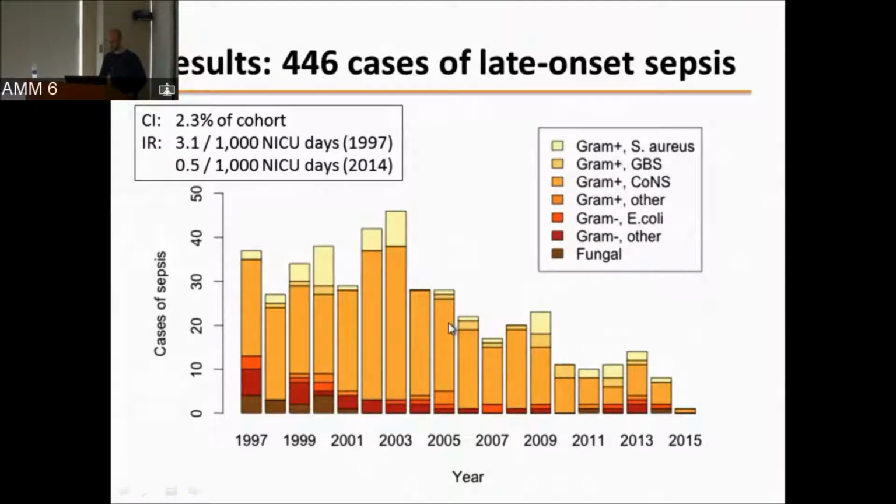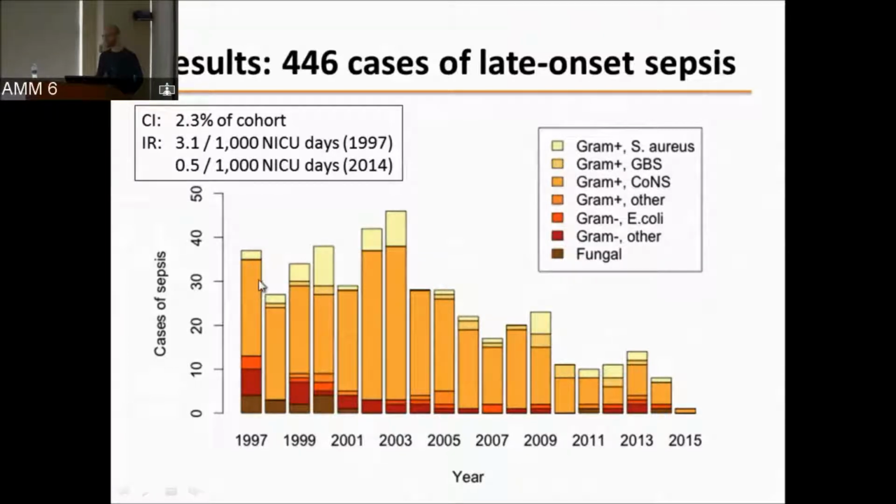Some other notable aspects to the distribution of cases over time is that you can see that the majority of cases really are caused by coagulase negative staph, followed by Staph aureus and GBS. And in terms of Staph aureus, we had some more cases of MRSA in the early 2000s and just real sporadic cases since then. That's not actually shown on this graph. That's another graph I have.